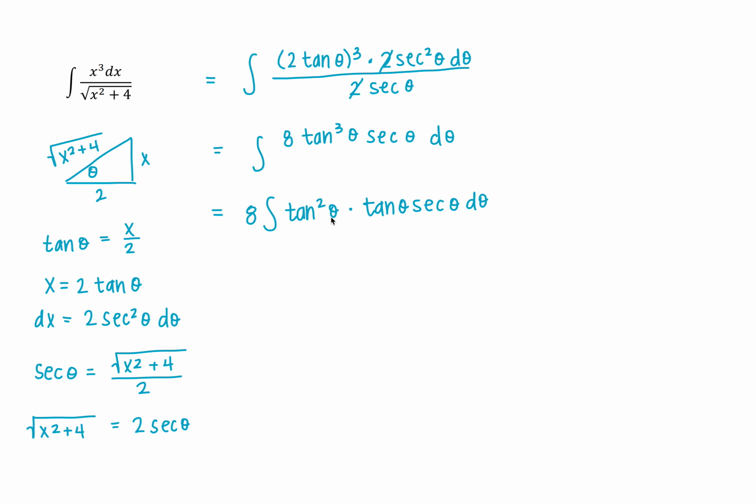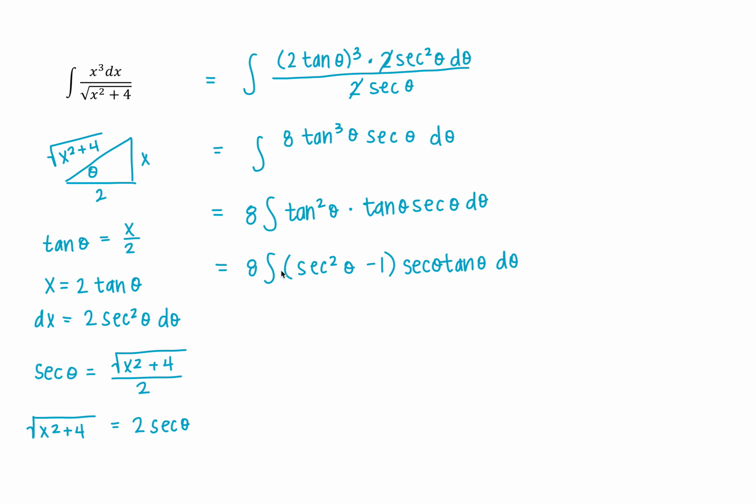Tangent squared theta using a trig identity is secant squared theta minus 1. And when we integrate, instead of tangent theta, secant theta, we usually see it in the other order, secant theta, tangent theta. So I'm going to rewrite it like that, just how we're more used to seeing it. So now I've got secant squared theta minus 1 times secant theta, tangent theta, d theta.